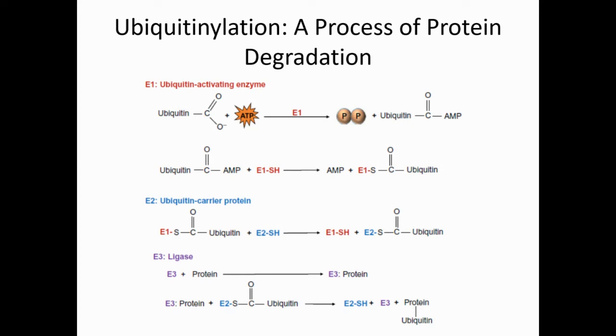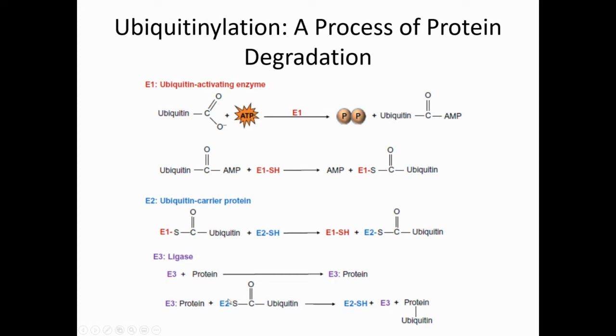And then in protein degradation, E2 transfers the ubiquitin to the free amino group on the protein selected by E3, which is the ubiquitin protein ligase. Basically, E3 binds to the protein, and we have E2 with ubiquitin.